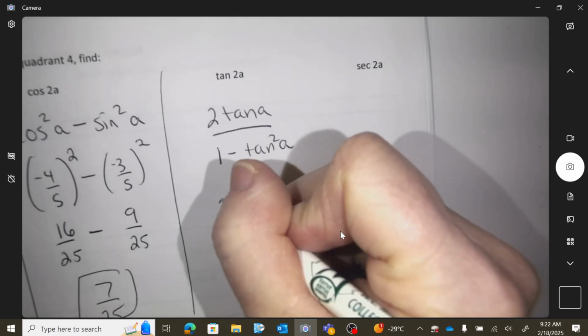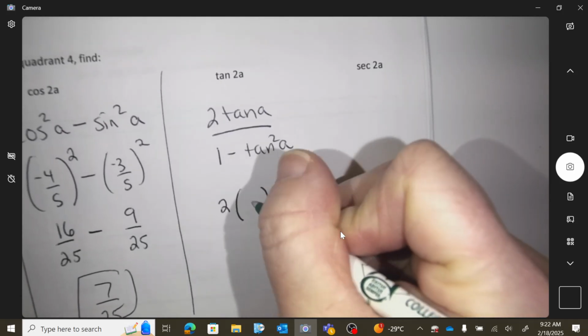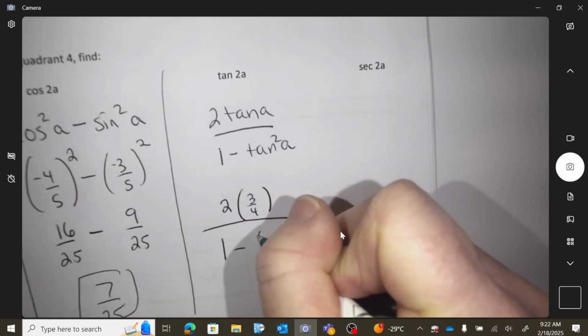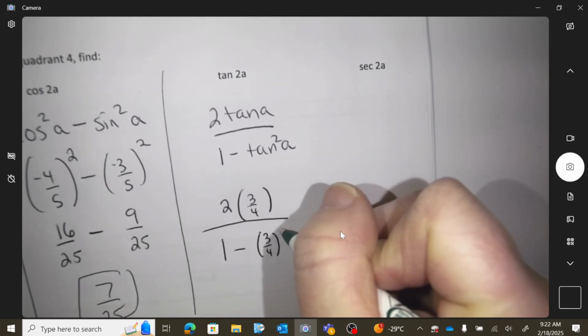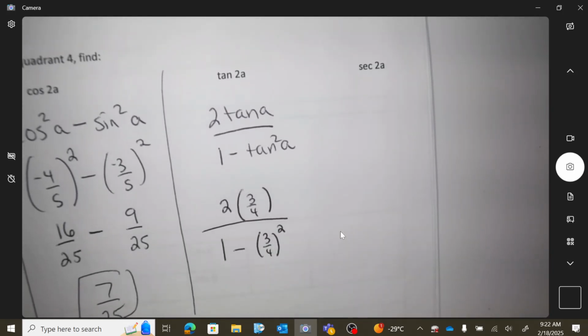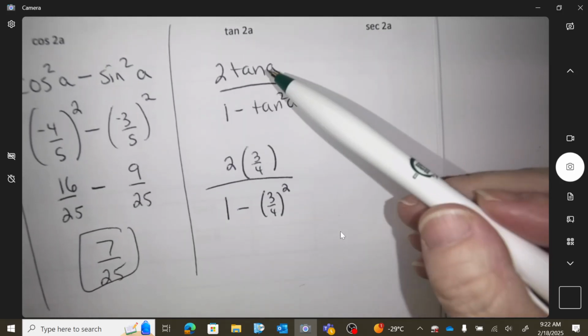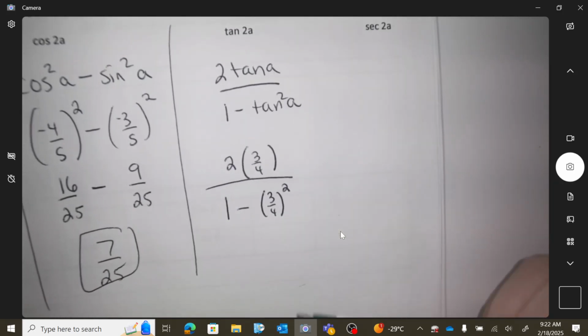Okay, so here I go. 2 times, what's the tan of A? 3/4. 1 minus 3/4 squared. Does that sound okay? Because I just made replacing tan A with a 3/4.